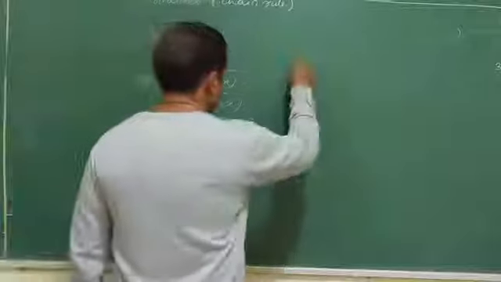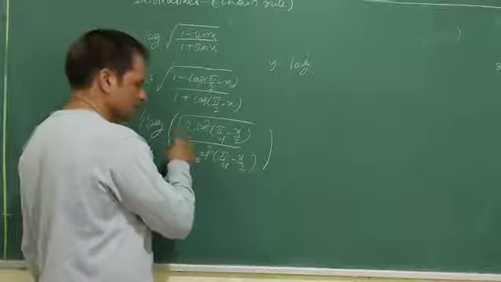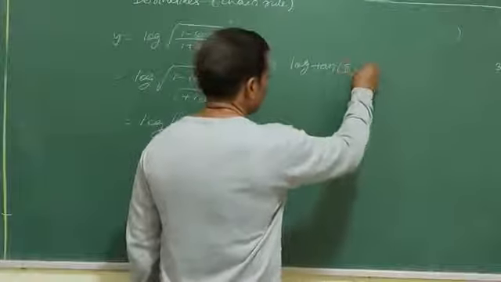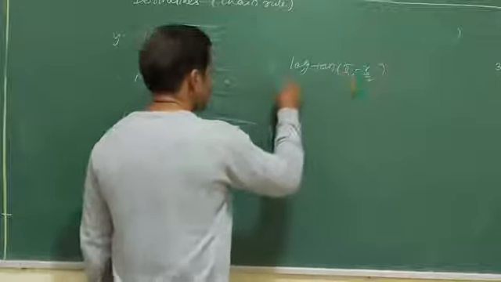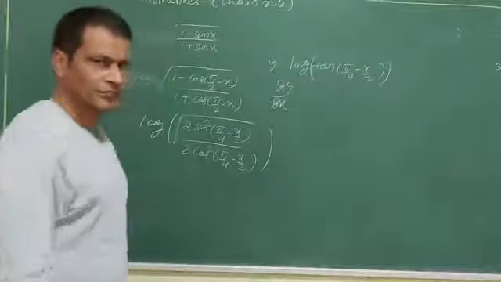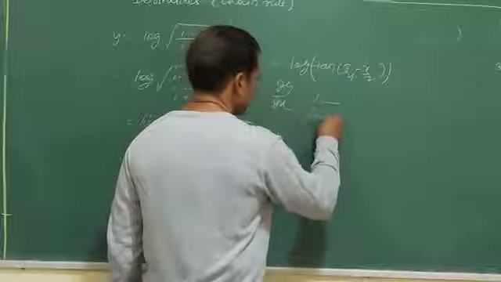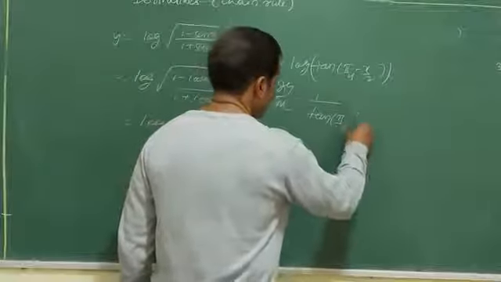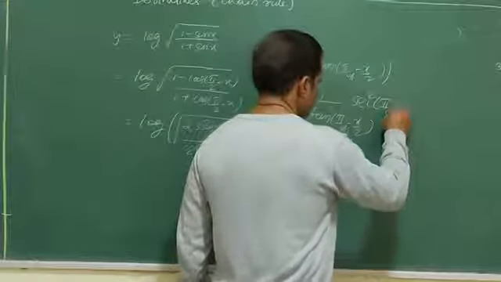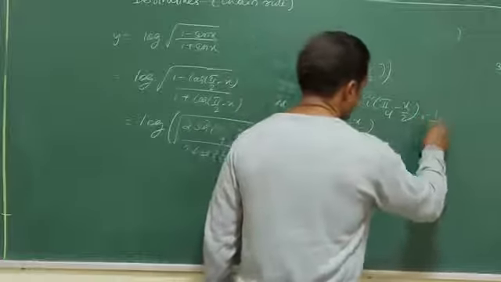That gives you log, 2 cancels out, tan square root gone, tan (pi by 4 minus x by 2). dy by dx, log x derivative 1 by tan (pi by 4 minus x by 2) into derivative of tan, that's your sec square (pi by 4 minus x by 2) into derivative of (pi by 4 minus x by 2), that's your minus 1 by 2.